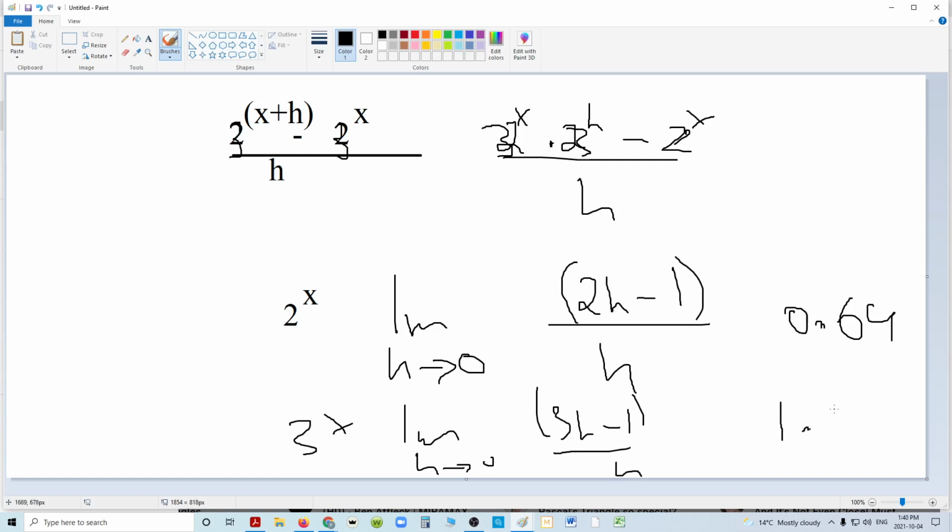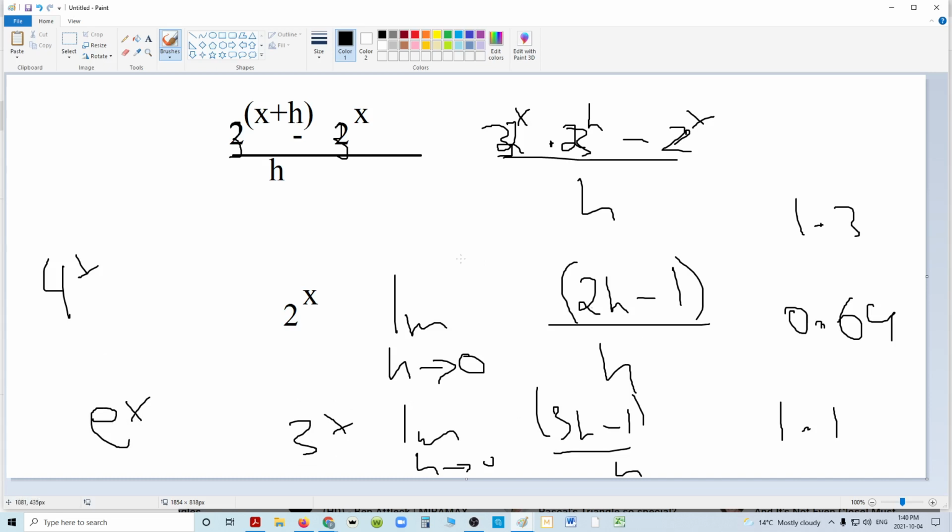It's 1.1 something. And then you do it for 4, and you discover another number, 1.3 or something.